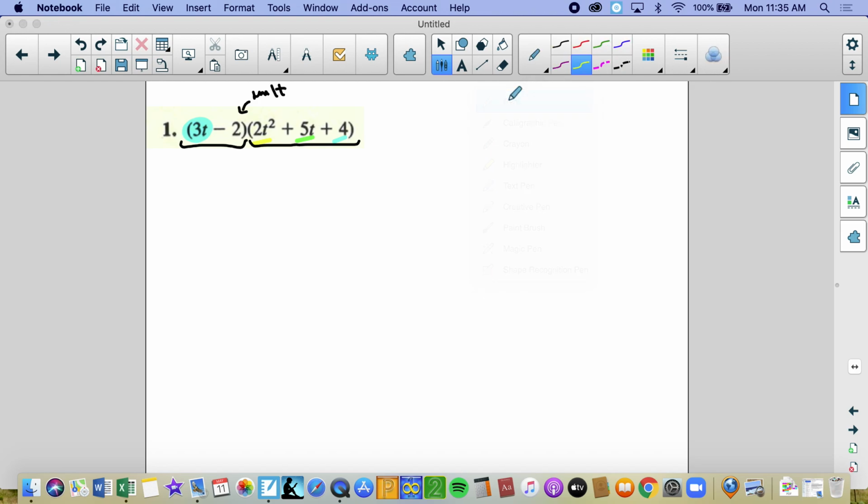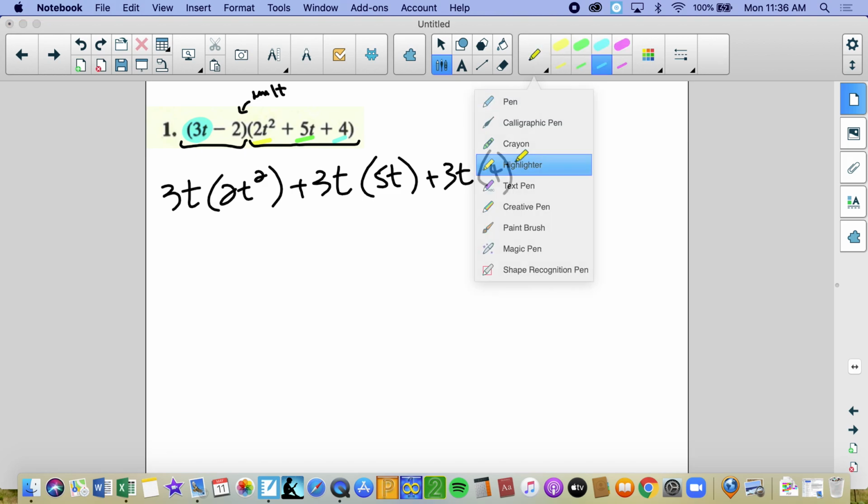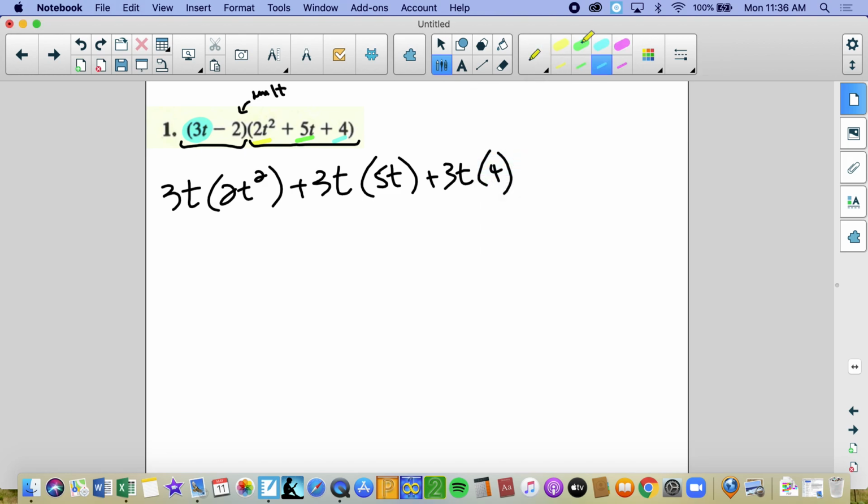So let's distribute that. So we'll have 3t times 2t squared plus 3t, it's plus because 3 is positive, times 5t plus 3t times 4. And now we're going to look at the other term in the binomial, which is -2.